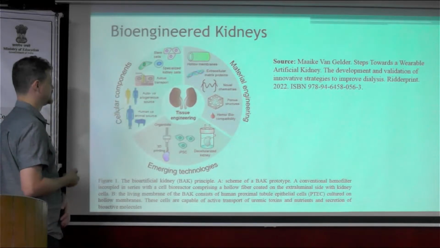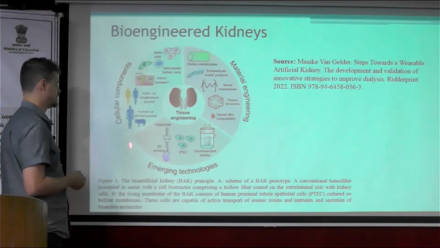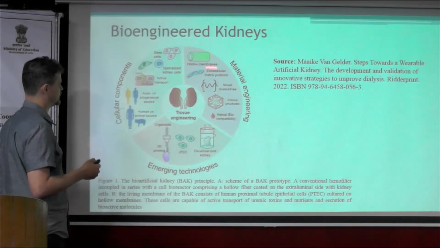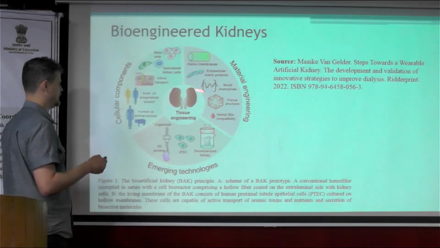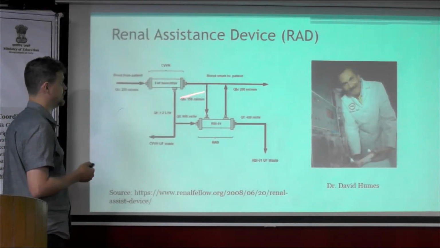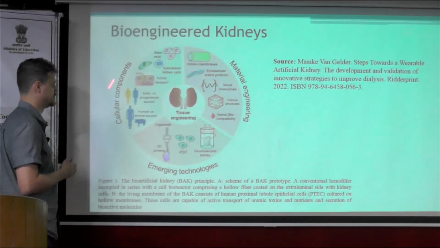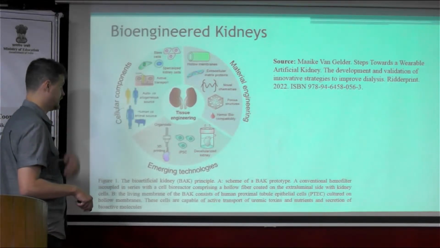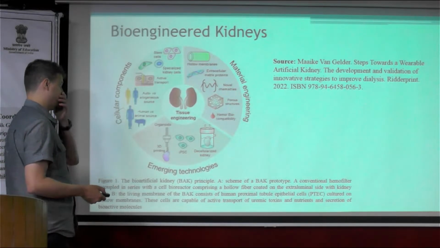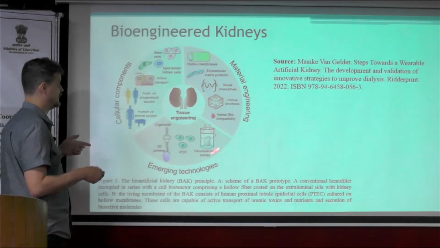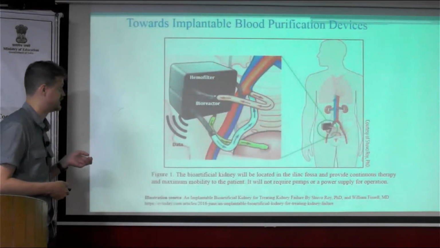The next approach actually requires the introduction of specific biotechnologies that are combined in tissue engineering. So if we talk about the bioartificial kidney and the renal assistant device, it all revolves around tissue engineering. If we remember our previous graph that we were talking about earlier, the implantable kidney that relies on biotechnology heavily relies on the tissue engineering approach.